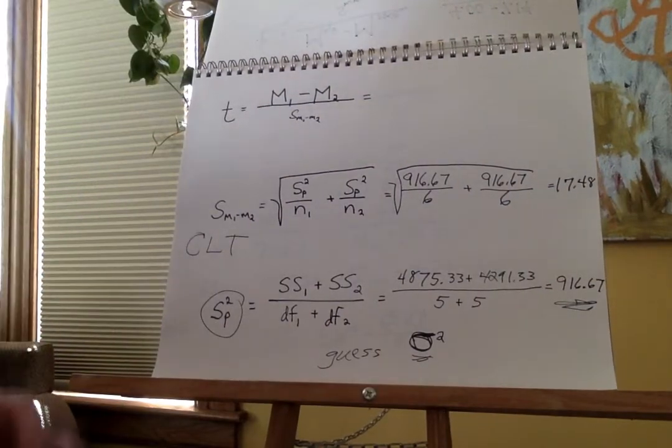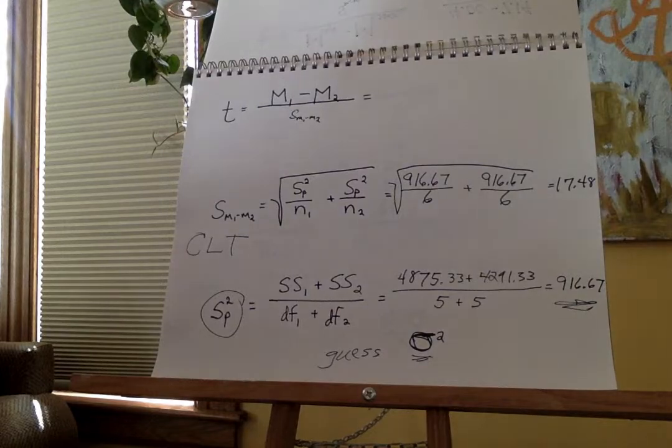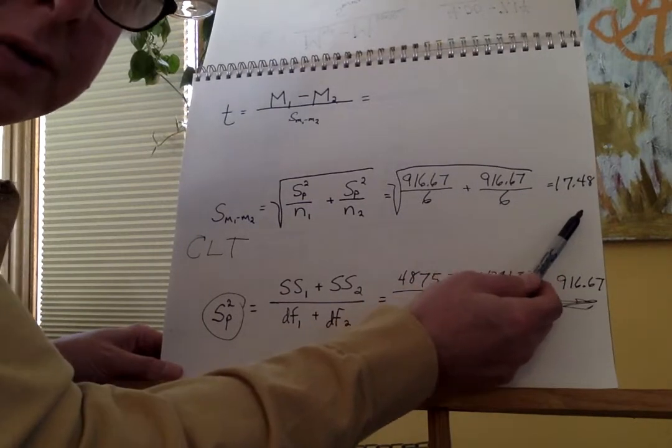Okay. Let me just check my numbers here. 916.67 divided by 6. Do that twice. 305.56. Take the square root. 17.48. Okay. So this is our standard error number, right?